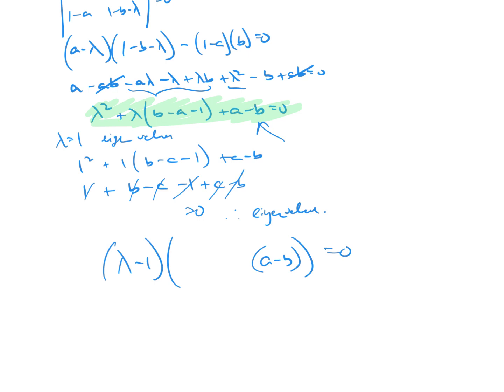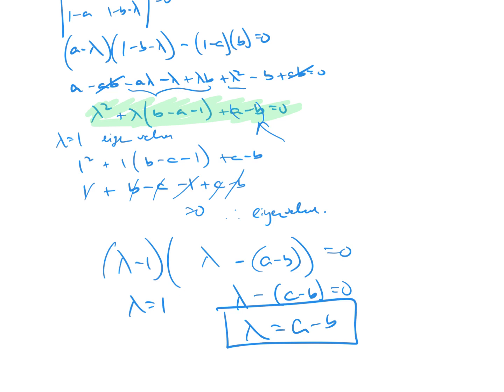I'm thinking about my positives and negatives. If I want to get a positive a minus b, I need to make this a negative. So it's going to be lambda minus a minus b, and that equals 0. And so I know lambda is 1, so lambda minus a minus b equals 0. So lambda will be a minus b, my second eigenvalue.